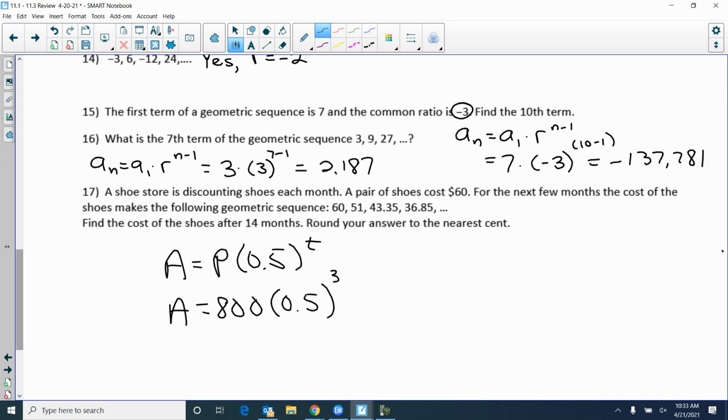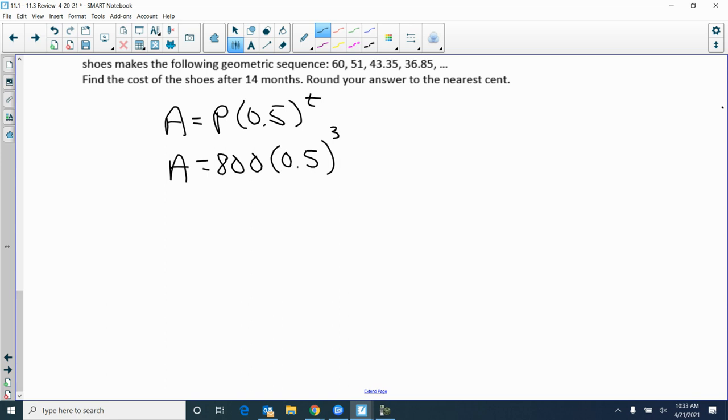Okay, so you got 800 times 0.5 to the third power. All right, so we're totally different here. Let me guess: 400? Is it 100? Yeah. Okay, so 100.